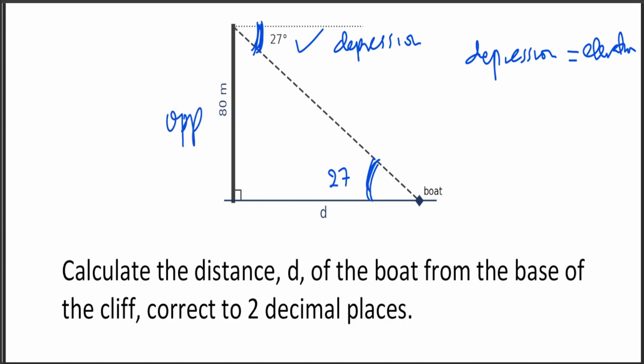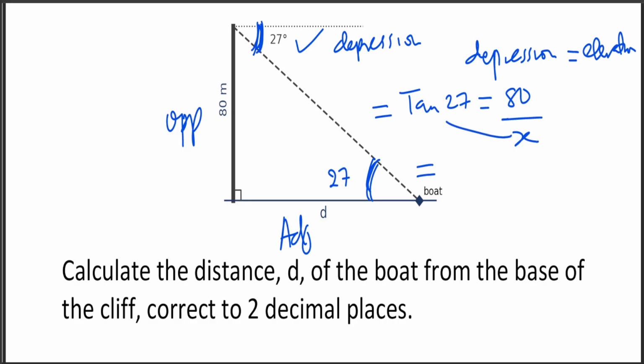Now again, this is opposite, and this is adjacent, so you will use toa again, which is tan 27 is equal to your opposite, which is 80, divided by your adjacent, which we don't know, which is x. Now here our x is at the bottom. The easiest way to find x when it is at the bottom is that we normally substitute. X will go where tan 27 is, and tan 27 will go where x is, so 80 divided by tan 27.